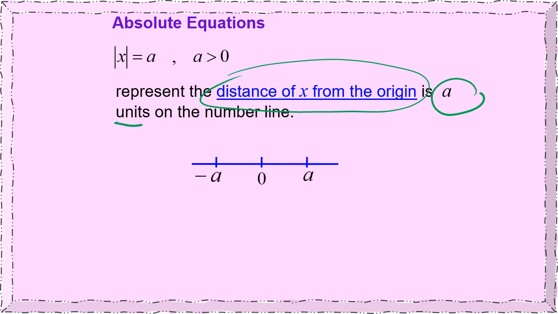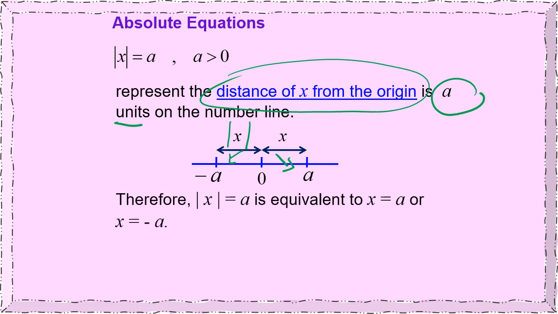So let's say this is negative a and this is a, on the left-hand side and right-hand side of 0. So this is x. Absolute of x is equivalent to either a or negative a. Therefore, absolute x equal to a means x equal to a or x equal to negative a.